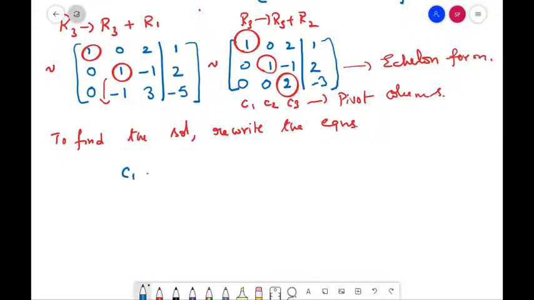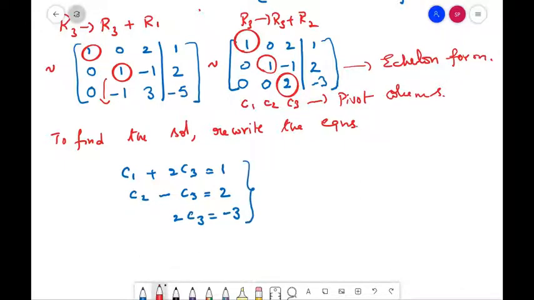C1 plus 2C3 is equal to 1, and then C2 minus C3 is equal to 2, and 2C3 is equal to minus 3. So this implies, let me write here, this is equation 1, 2, and 3.